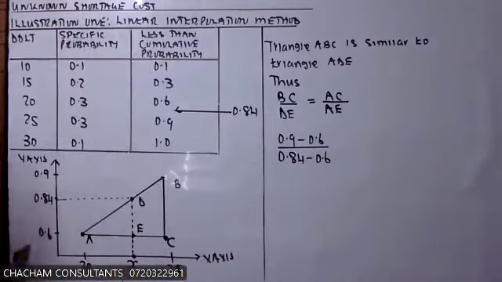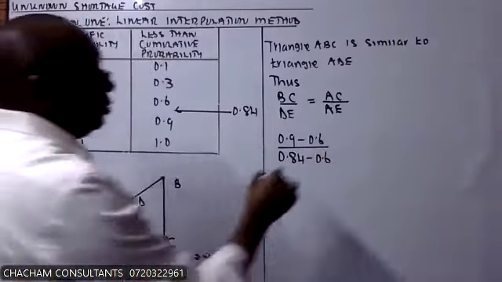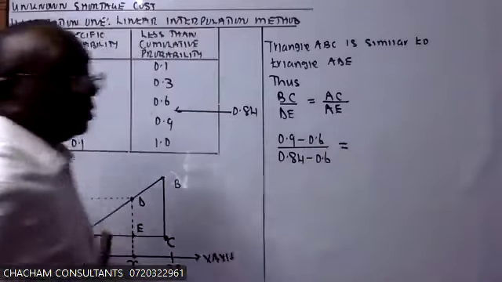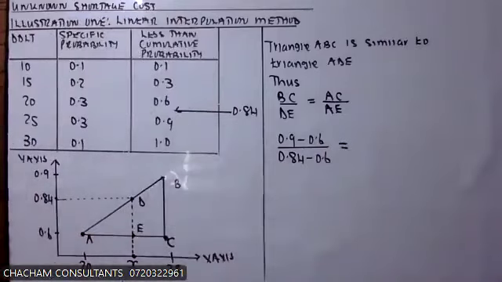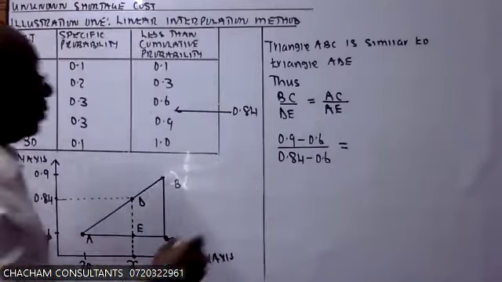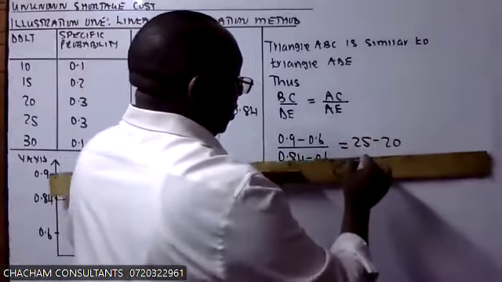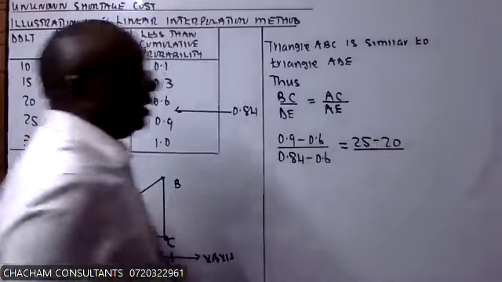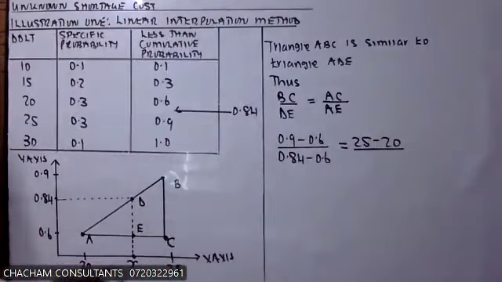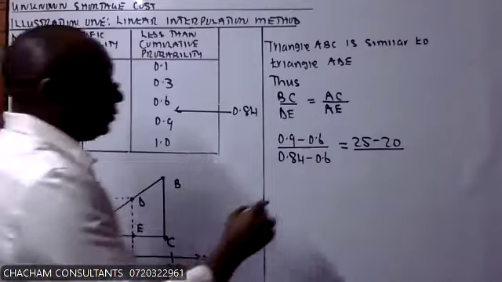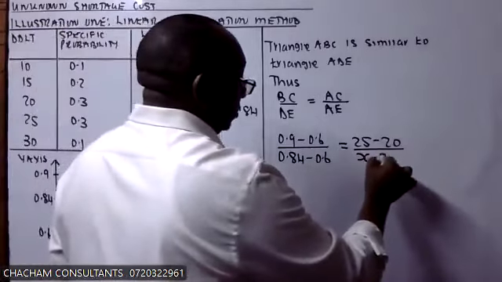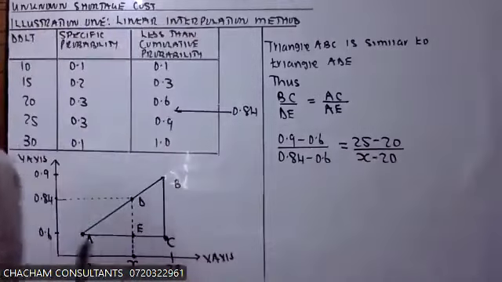That way. Should be equal to AC. AC is this from here 25 to 20. So 25 to 20. And this other one, it is X to 20.